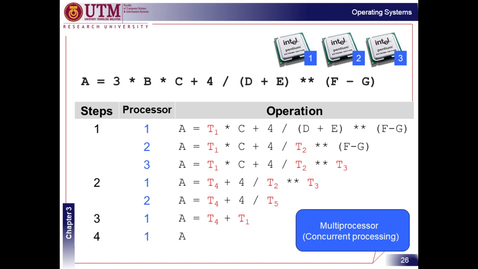So basically, this is how concurrent processing works on a multiprocessor system, which allows us to divide a complex problem into smaller subproblems and assign them to different processors.